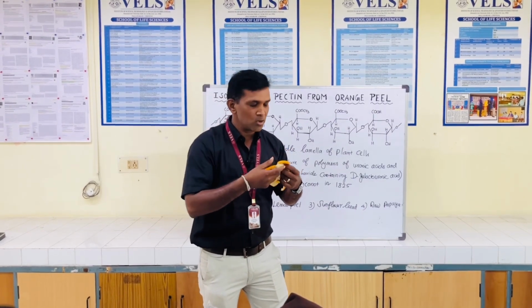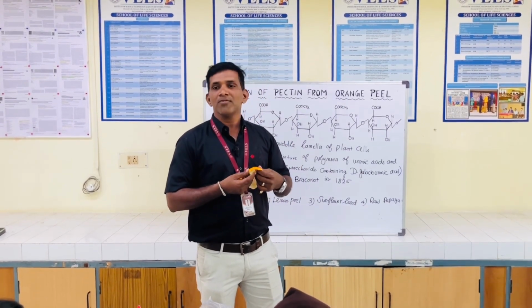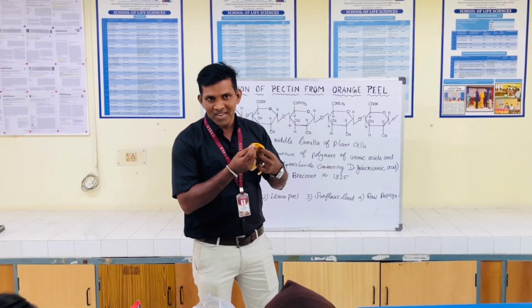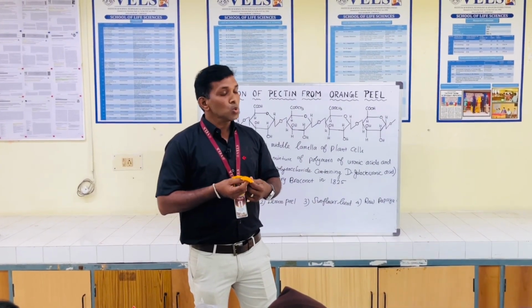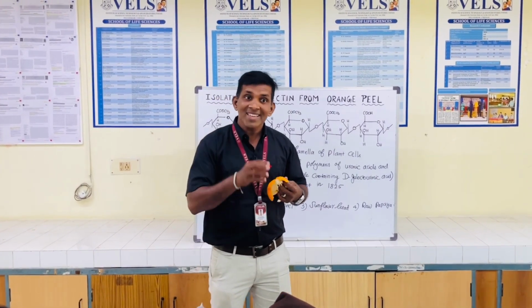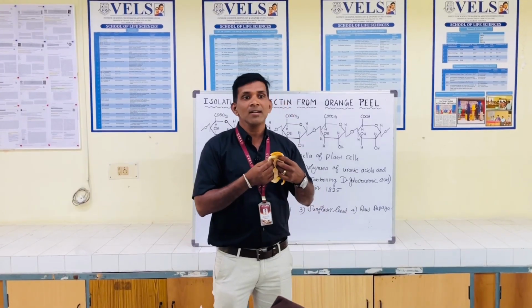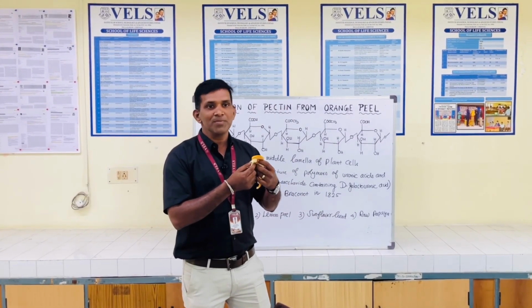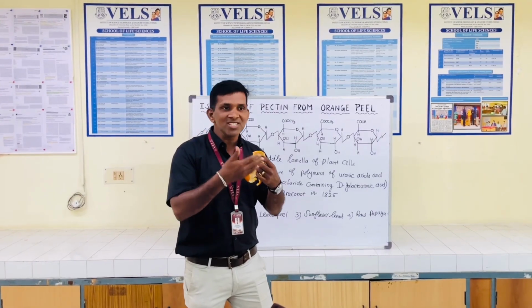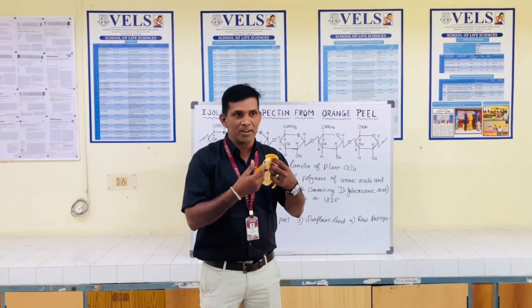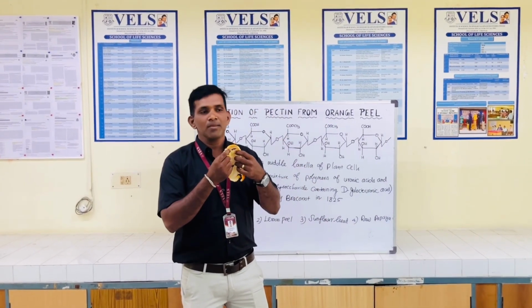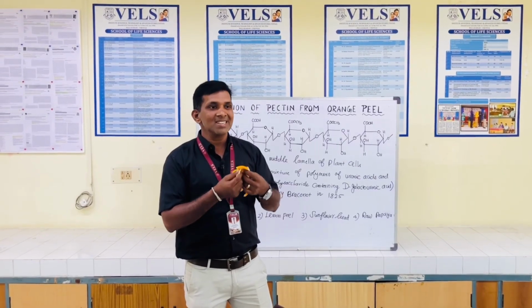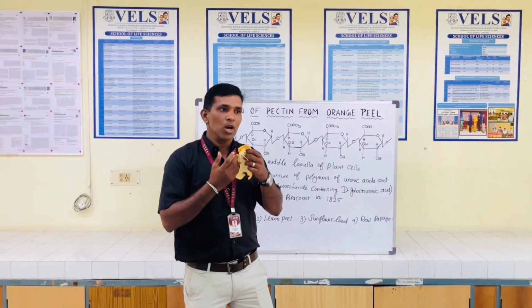In pharmaceutical applications, it is used to reduce cholesterol in the intestine and as a dietary supplement. It can relieve constipation because it is full of fiber. Pectin is present at about 30% in orange peel.